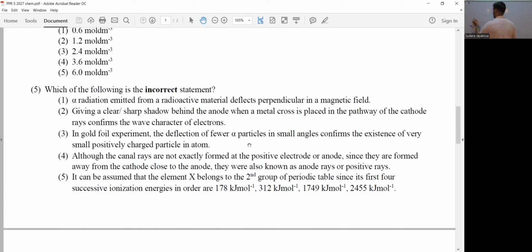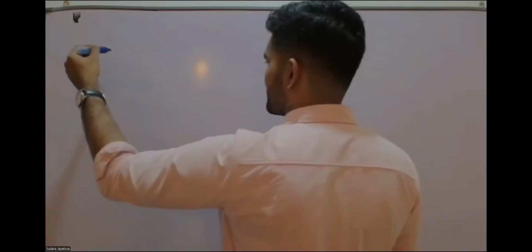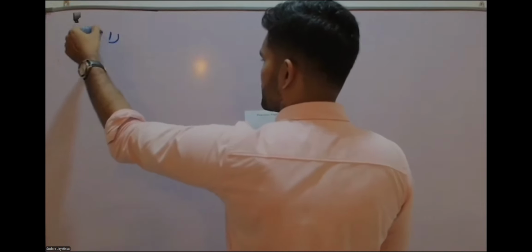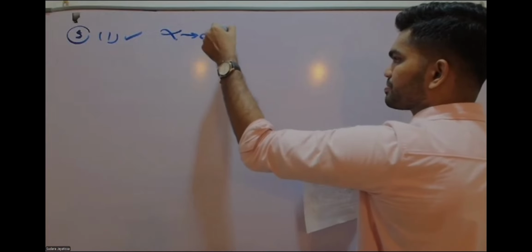So always, charged particles deflect perpendicular to the magnetic field. You don't need to say any direction. You just have to say it is deflecting perpendicular. So you have to establish why it is correct. So let's say the first one is true because alpha particles are charged.